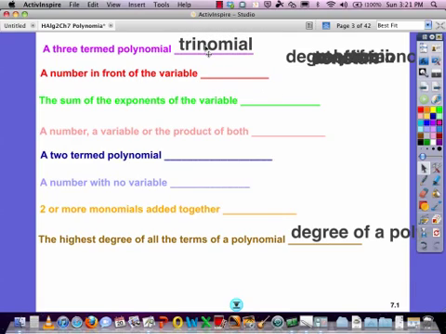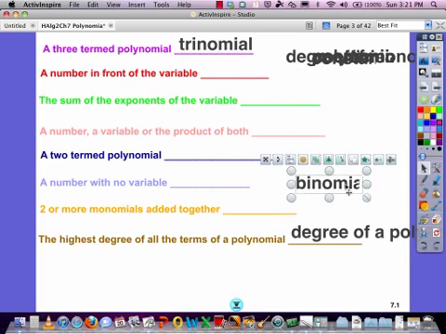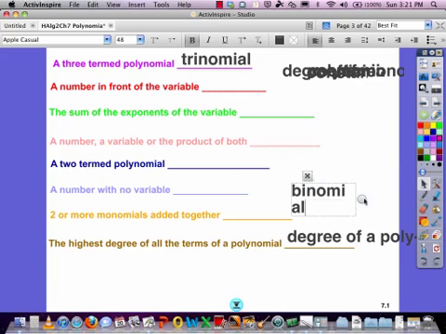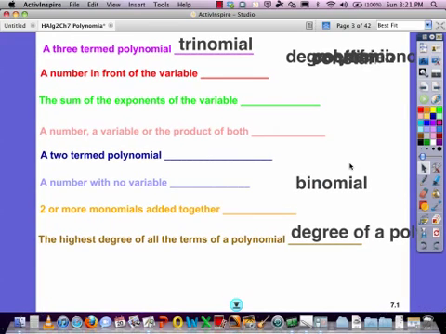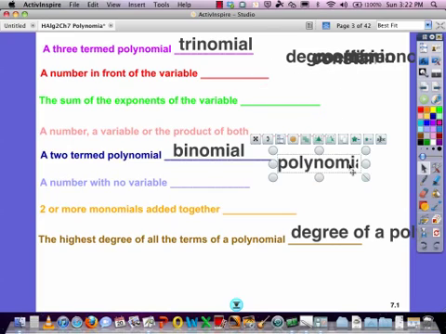We got a trinomial, a 3-termed polynomial. Next one, a binomial. That binomial is, as most of you know, a 2-termed polynomial. That should have come from your work in Algebra. Hopefully those are terms we're remembering. If not, good thing we're reviewing.